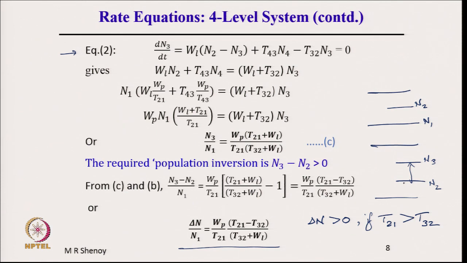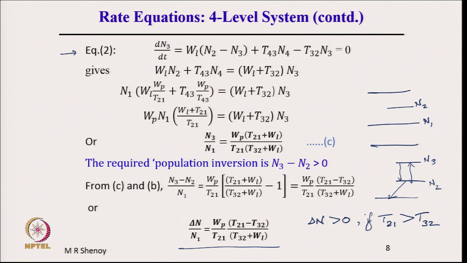That is, if the rate at which atoms go from here to here is faster than the rate at which atoms come from here to here, there will be population inversion. Mathematically, we see that yes, we have got the same expression. This is what we discussed qualitatively, that the requirement is T21 must be greater than T32.